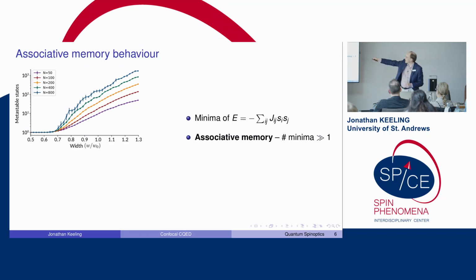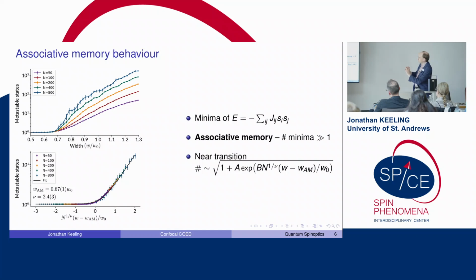What I've also shown here is the different lines are for different numbers of clumps, and this behavior seems to depend both on this width and on the number of clumps. But in fact, if you look further and you rescale this, you find there is a rescaling dependent on system size, so that all of these lines collapse. And what this says is there is therefore effectively a critical width that is apparently 0.67 w0.